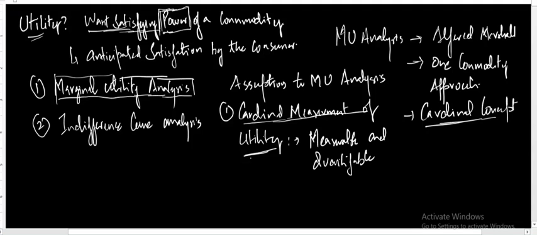So this analysis says that the person can actually say how many units of satisfaction he derives from a particular commodity, and this theory says that money is the measuring rod of utility.